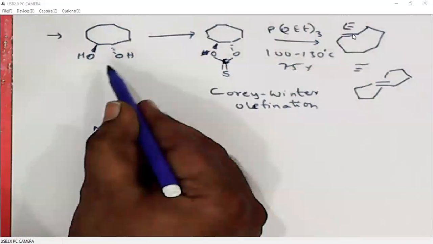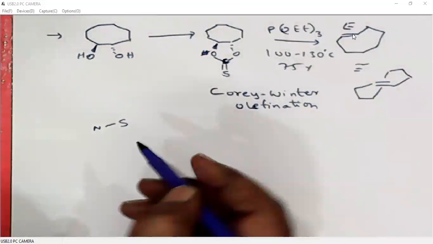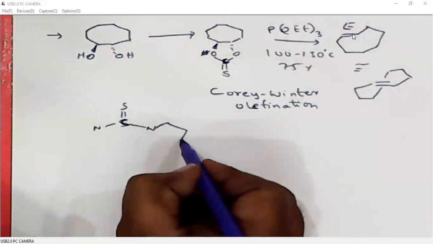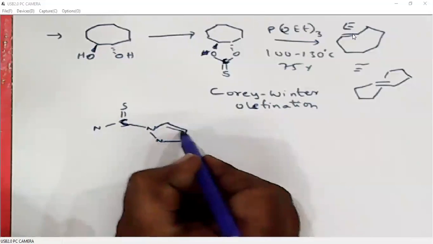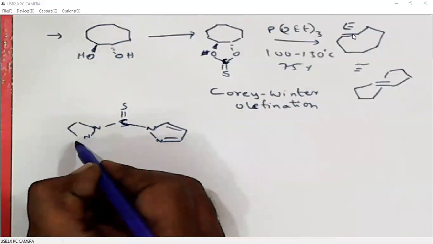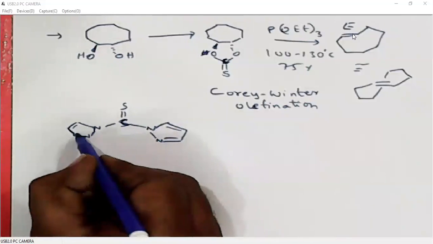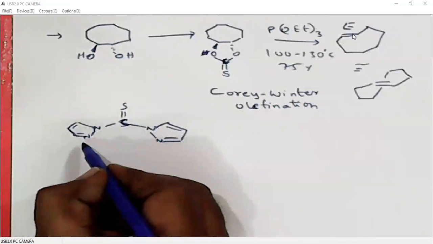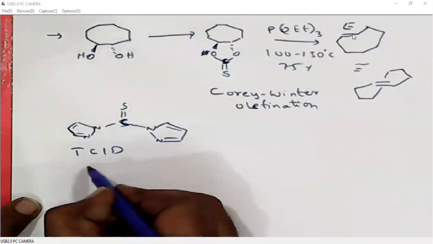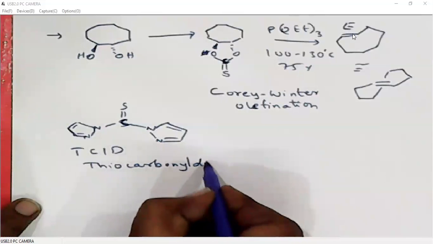To convert 1,2-diols to thioesters, generally we will treat this with TCDI. TCDI means thiocarbonyl diimidazole.